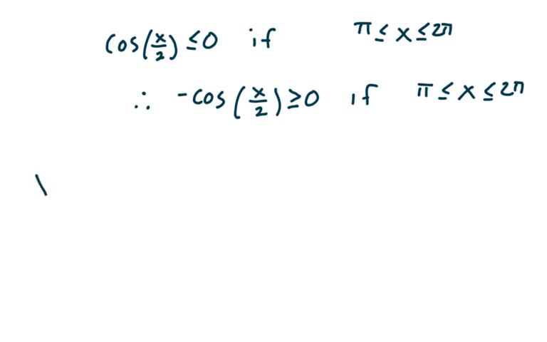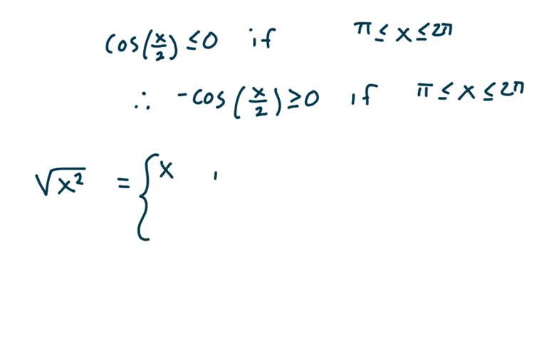And remember something: if I don't give you a restriction on x, whatever you get has to be non-negative. You cannot get a negative number when you take the square root of this. This is how the square root of x squared is defined.